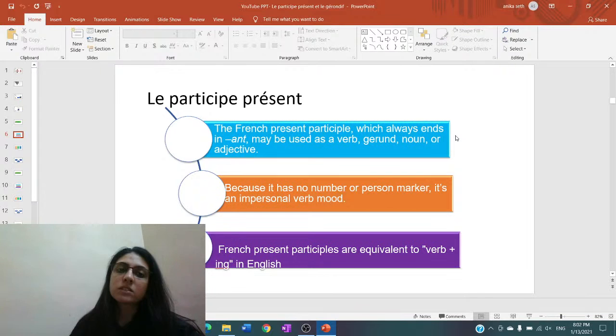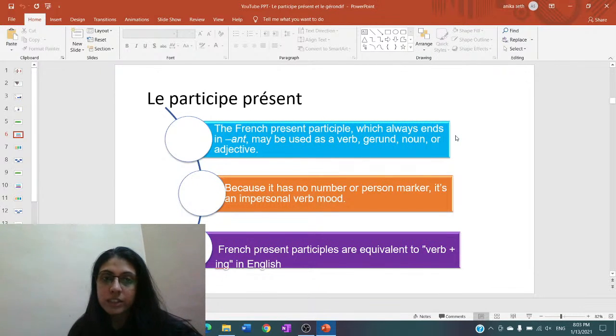Because this form has no specific subject pronoun, it is not conjugated in the way we conjugate the other verbs. The formation of the present participle we will be doing, but it is not a conjugation, it's not a tense of the verb, it is a mode of the verb. Since it has no subject pronoun, no number or person, it is an impersonal verb mood.